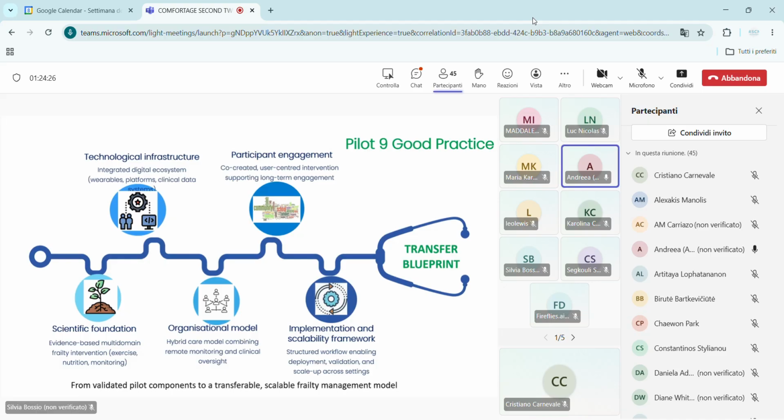We have a solid scientific foundation in multi-domain frailty intervention, an integrated technological ecosystem, a hybrid organizational model combining remote monitoring with clinical oversight, a co-created intervention designed for long-term engagement, and a structured implementation framework built for deployment and scale up across different settings.